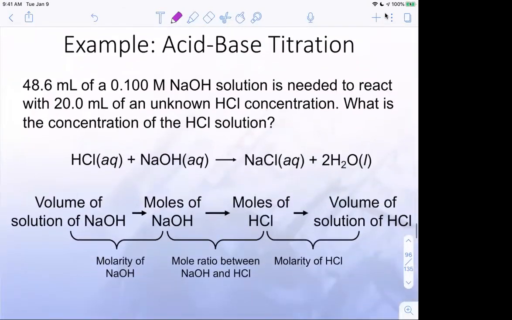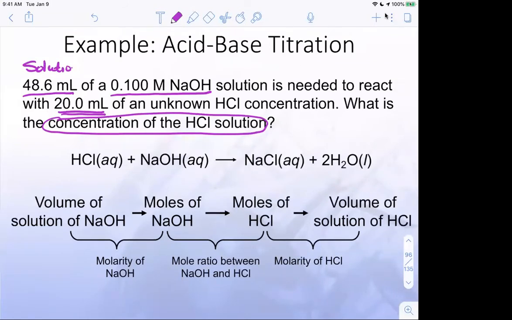So let's do an example problem. Let's say I have 48.6 milliliters of my known 0.100 molar sodium hydroxide solution. The volume of my unknown is 20 mL. I want to figure out the concentration of this unknown HCl solution.